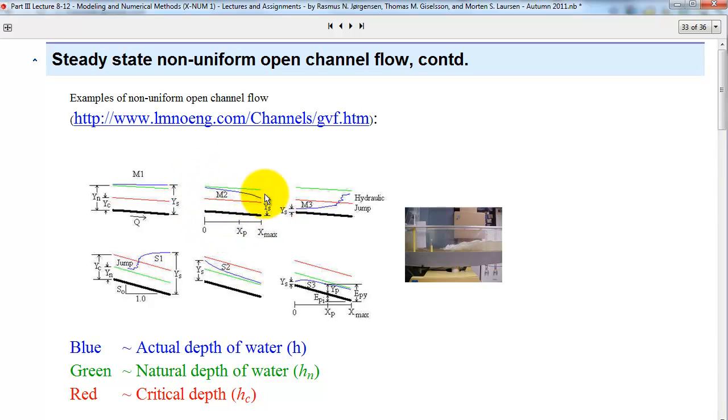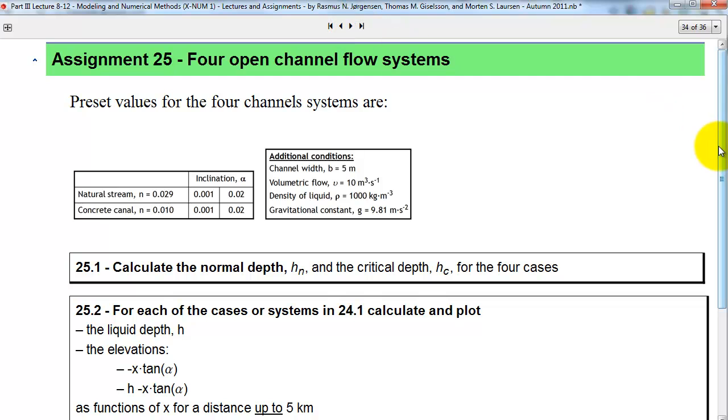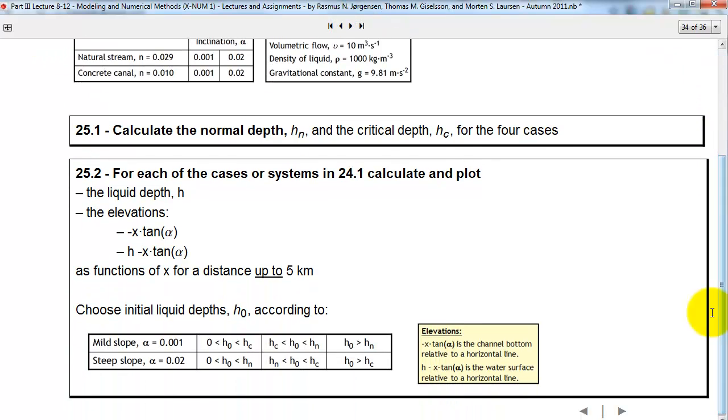You can just have it so you can see what is the critical height, what is the natural height, and then see the change in h. And then afterward you can try to plot the height as a function of, or include, the slope of the channel. I think that was the first assignment.